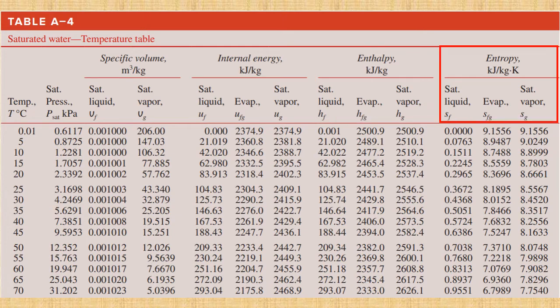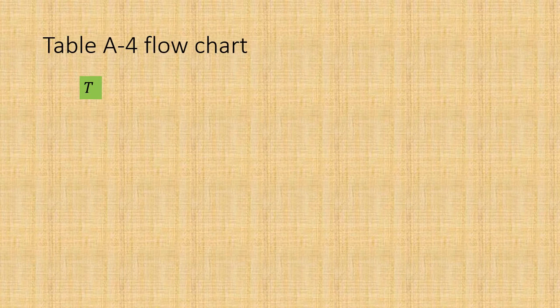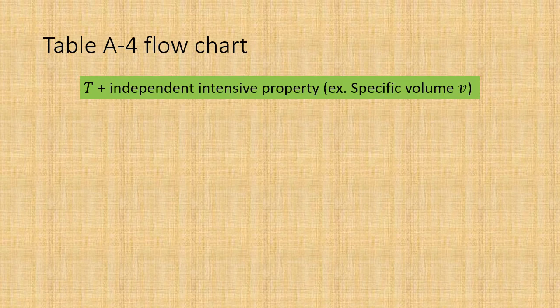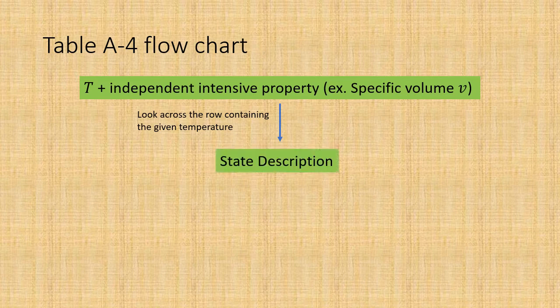If we are given the temperature and one more independent intensive property, for example specific volume V, we can go to table A4 and look across the row containing the given temperature. Then, based on the other intensive property, we can determine the state description.